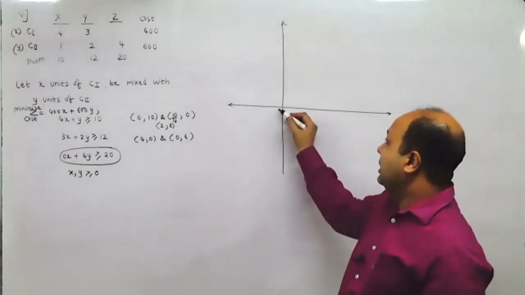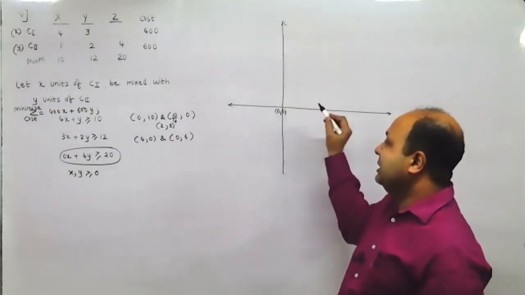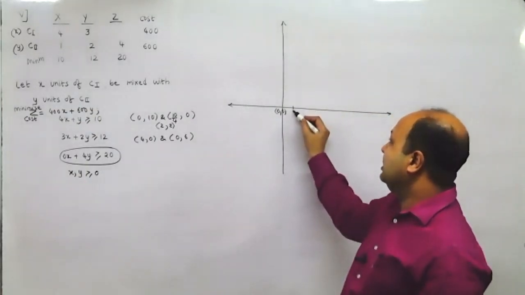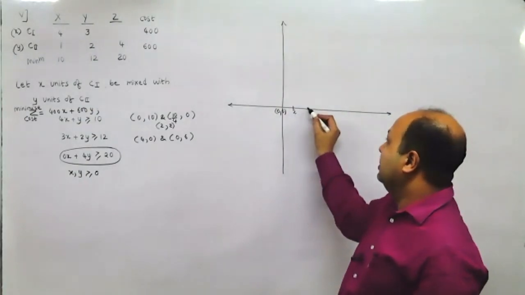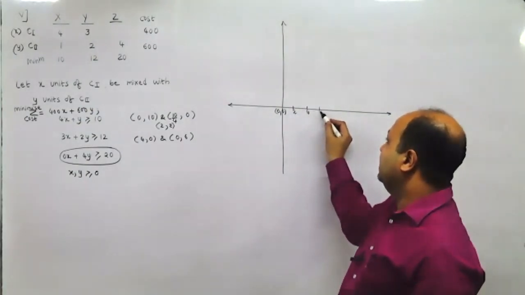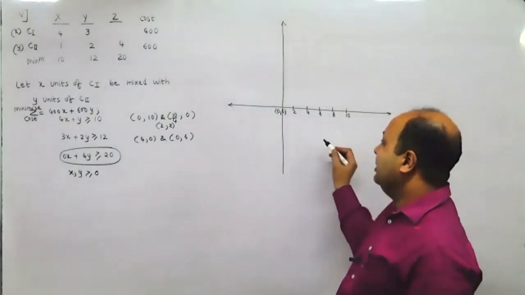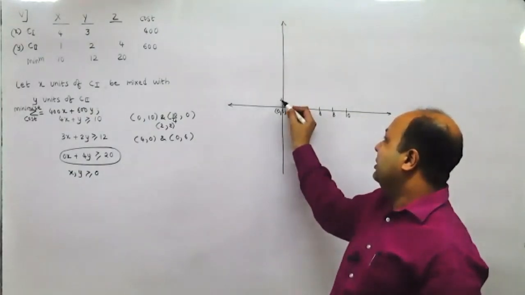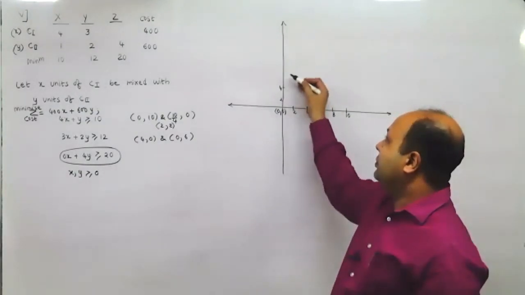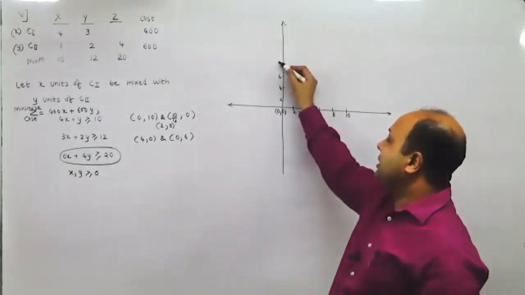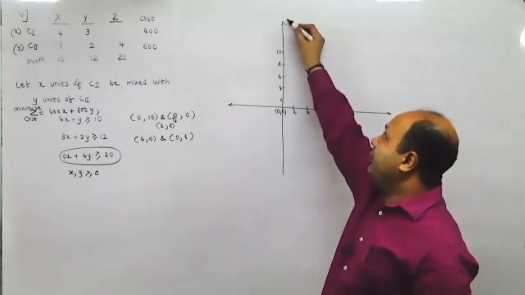Now this is 0, comma 0, this is 2, 4, 6, 8 and 10.